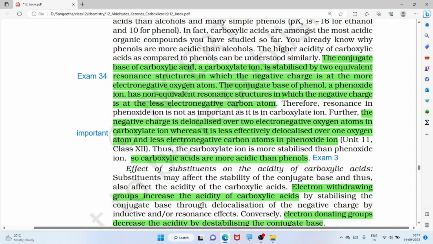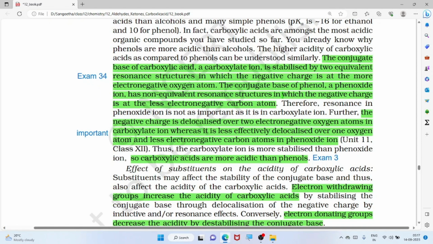The conjugate base of the carboxylic acid, the carboxylate ion, is stabilized by two equivalent resonance structures in which the negative charge is between the two oxygen atoms. The conjugate base of phenol is phenoxide.